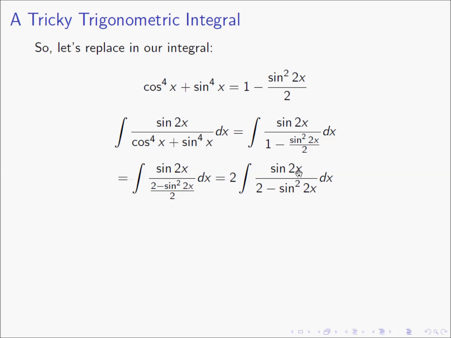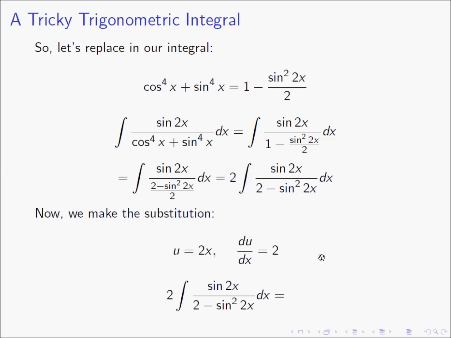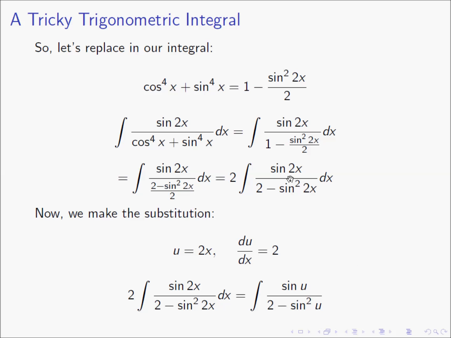Now we have sine of 2x in the numerator and sine of 2x also in the denominator. So you could think that this could be solved by substitution, and we're going to try that. We make the substitution u equals 2x. That means that du over dx equals 2. We replace that, and we get sine of u over 2 minus sine squared of u.